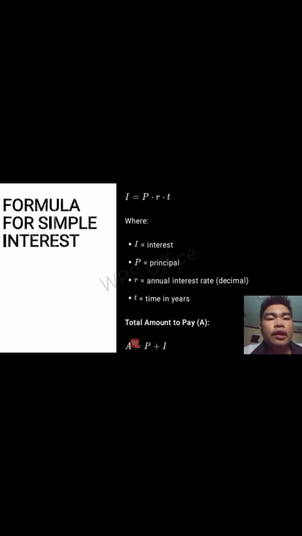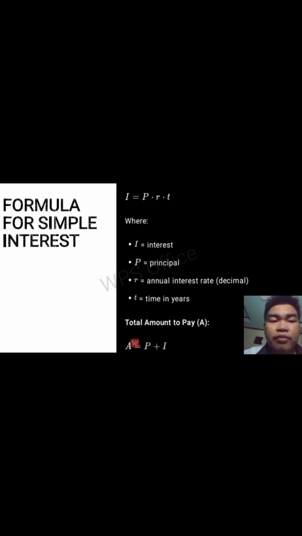The formula for simple interest is simple. I equals P times r times t, where I is the interest, P is the principal, r is the annual interest rate in decimal form, and t is the time in years.